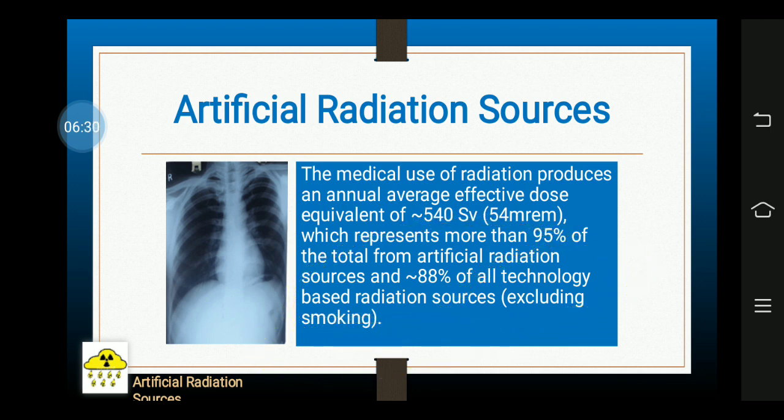If we picture it using a pie graph, we can say that diagnostic X-ray, or medical X-ray, is the largest component of man-made ionizing radiation. There are only 5% remaining for the other radiation sources.